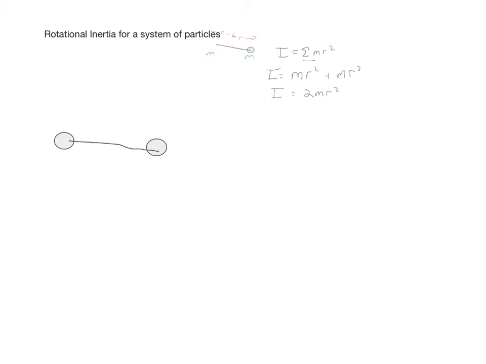Again, massless rod, but let's just change the point at which it's going to rotate. So let's make that there. So this will be r over 2, and make this just r. Still have the same mass.